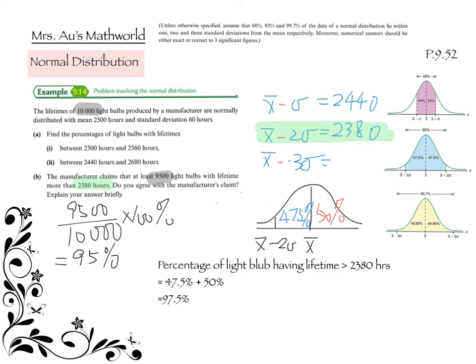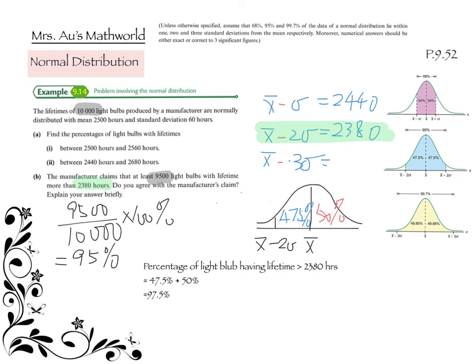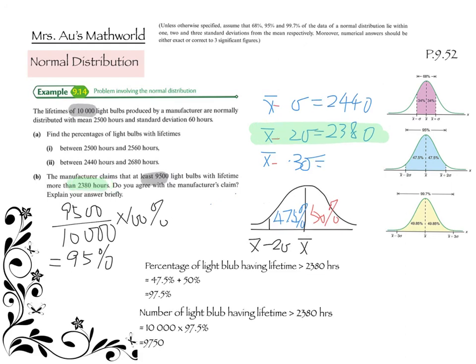To answer the question correctly, we find the number of light bulbs to check whether it is greater than 9,500. After we calculate, you get 9,750, and don't forget to compare to the values because we want at least 9,500.